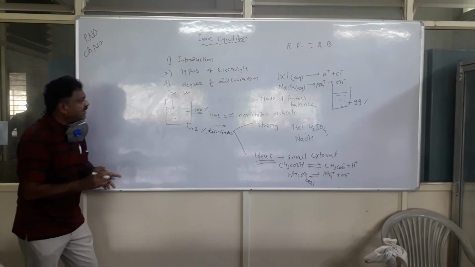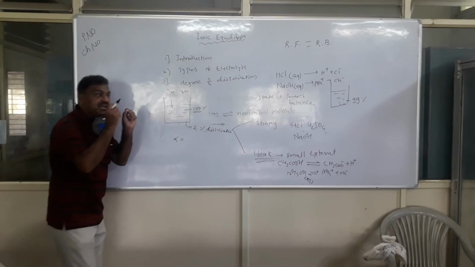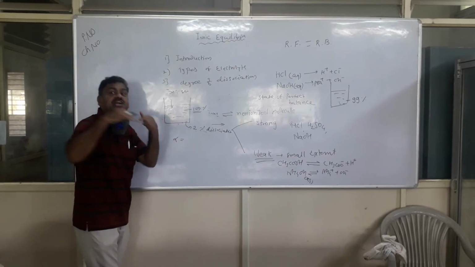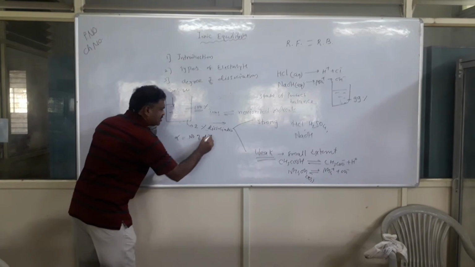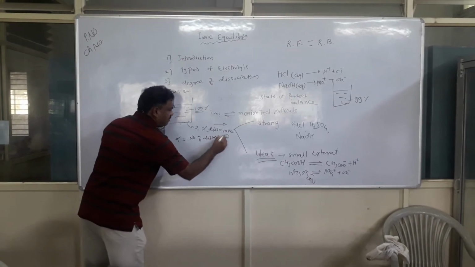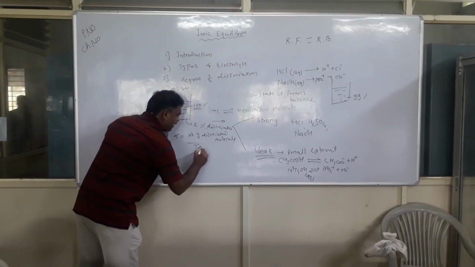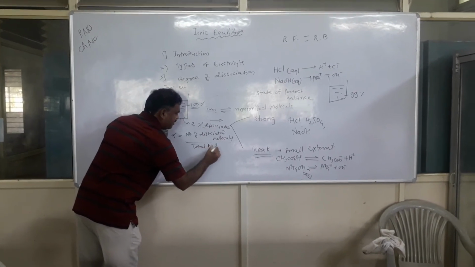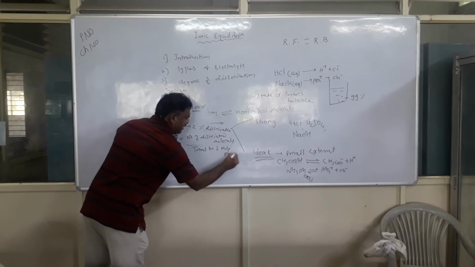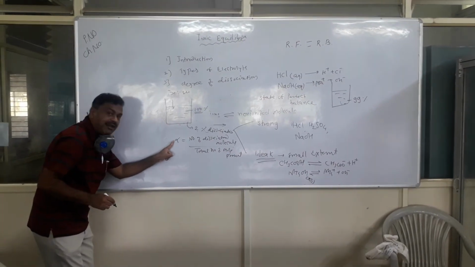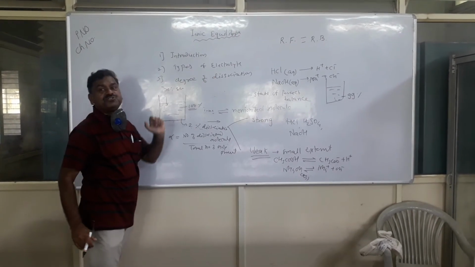It means that the degree of dissociation is nothing but the number of dissociated molecules to the total number of moles present, and that is nothing but alpha. This alpha indicates the degree of dissociation.